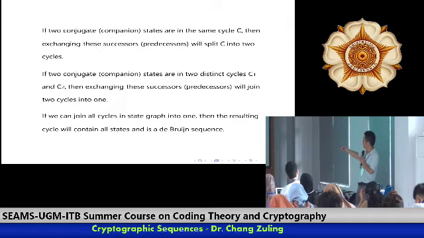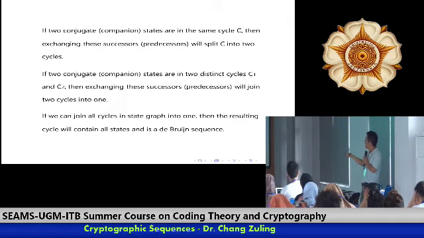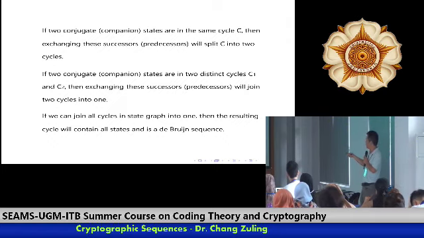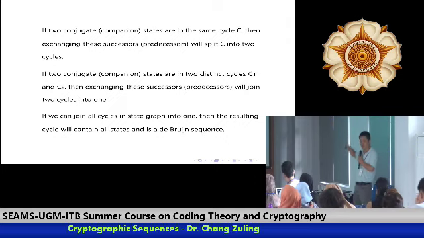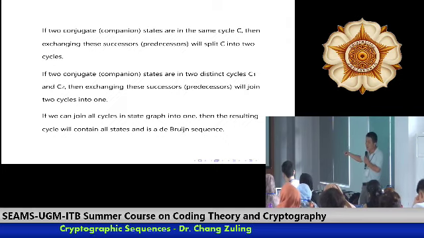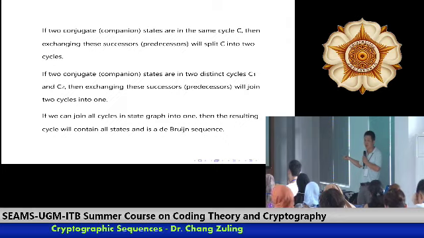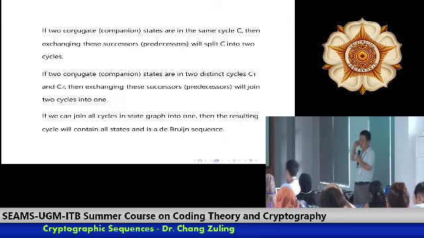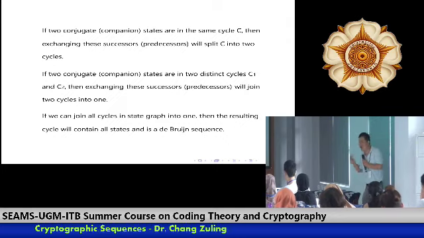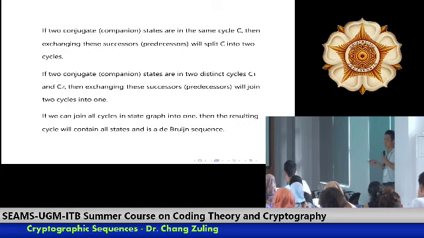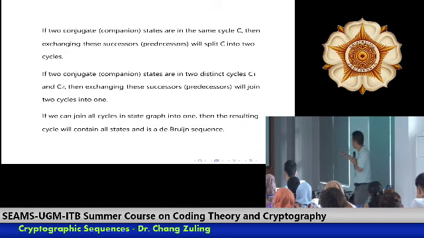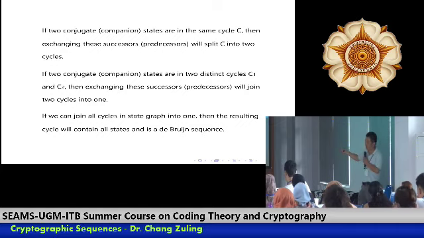We'll explain it later. And if two conjugate states are in two different cycles, then changing the successors will join these two cycles into one. We can see the graph.